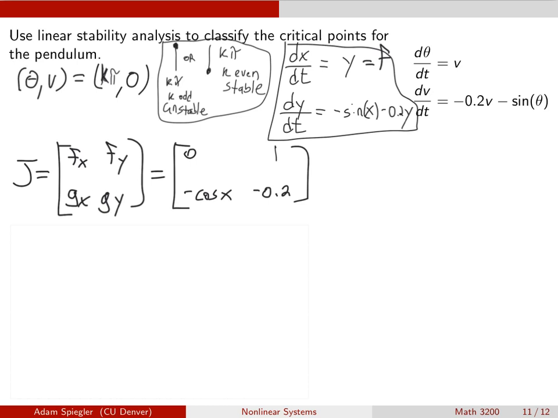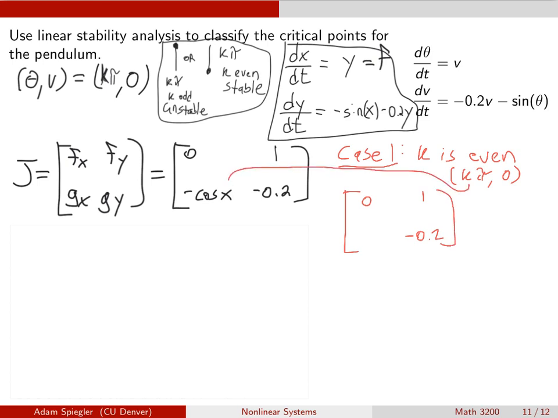Case 1 is that this integer k is even, so we're dealing with points of the form k times pi, 0, with k even. The Jacobian would be 0 and 1, and then the minus 0.2, which is the same for all of them.